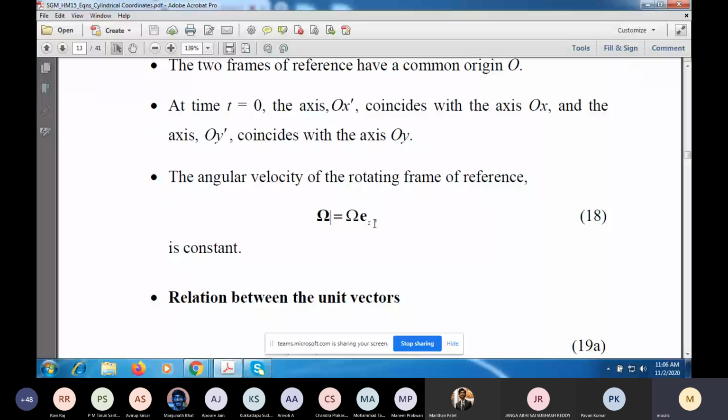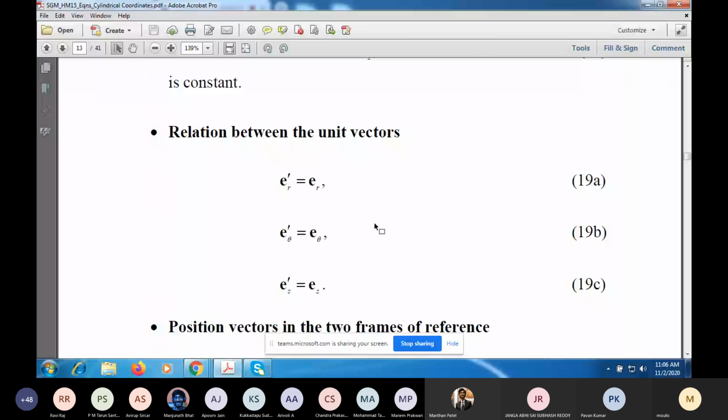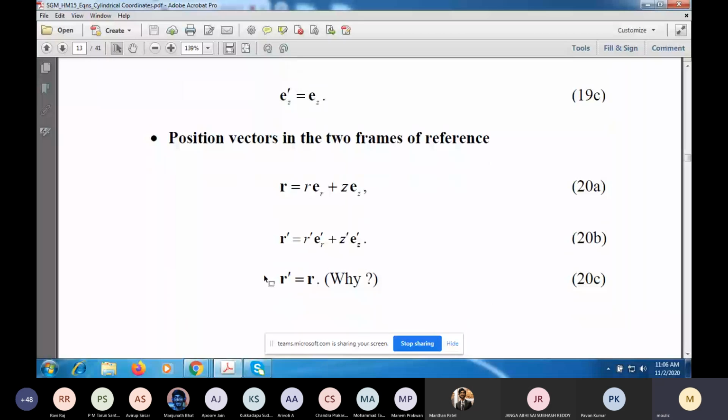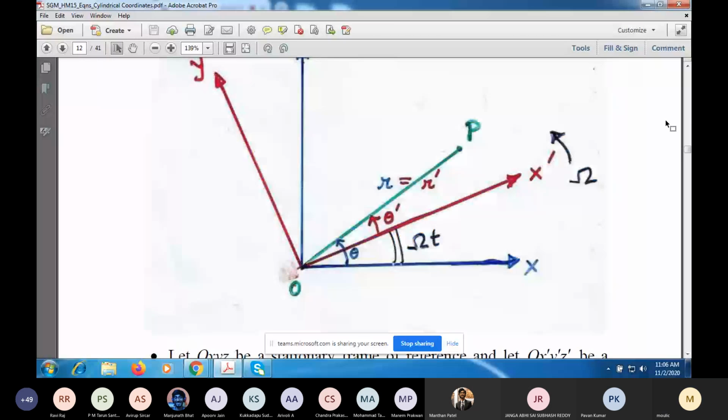If you look at the unit vectors, they are the same. And even R prime and R, the position vectors in the two systems, are the same, the reason being that the origin is common. In the case of the Galilean transformation, there were two origins, O and O prime, so R prime and R were different. But here R is the vector OP, and R prime is also the vector OP.